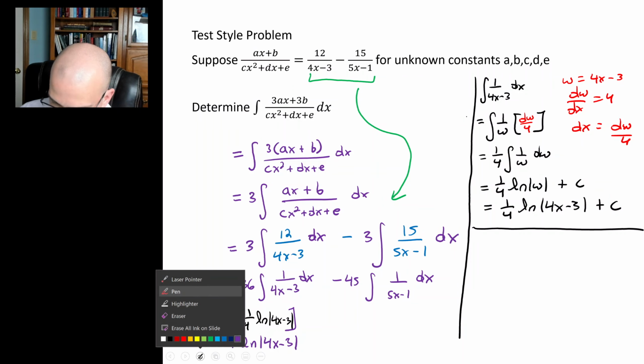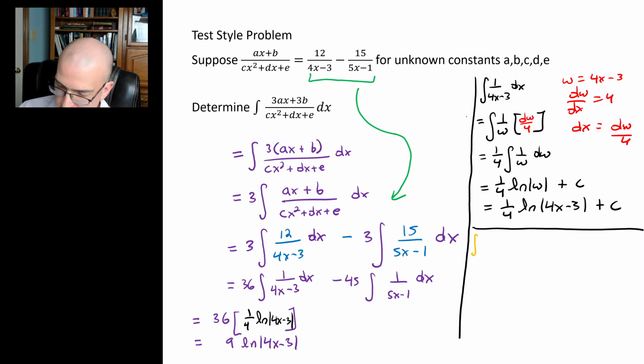And the second part, we have another integral. So the integral of 1 over (5x - 1). So I'm going to let w equal 5x - 1. dw by dx is 5. So dx is dw divided by 5.